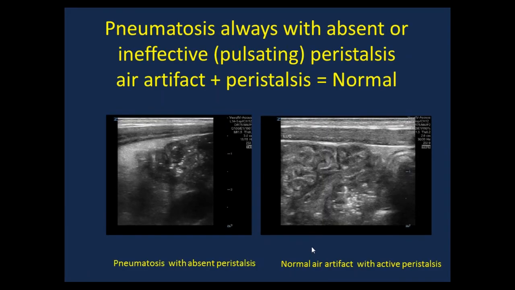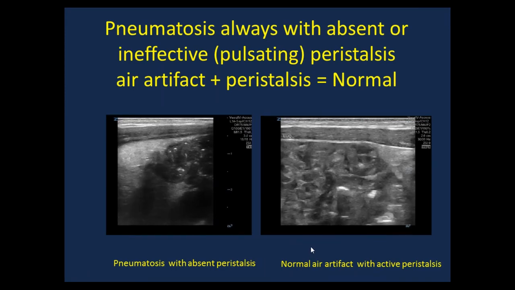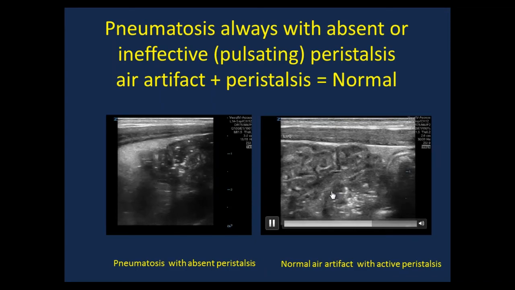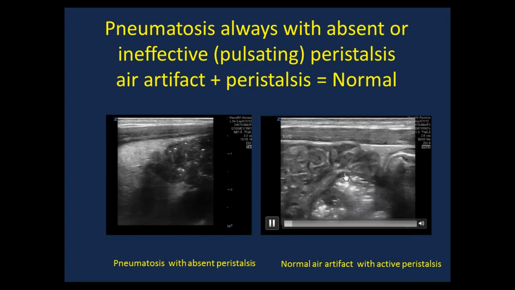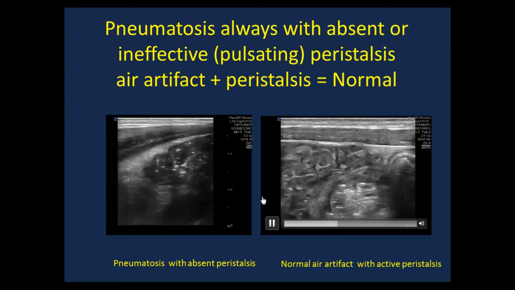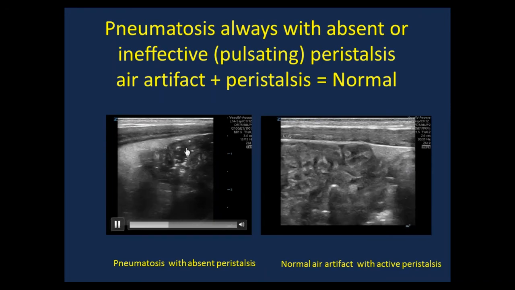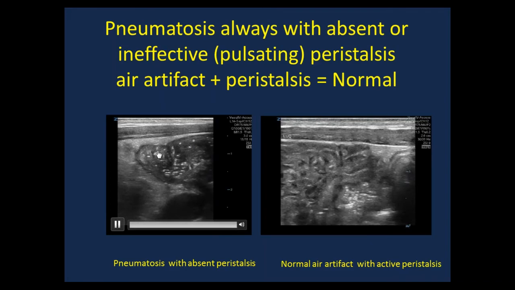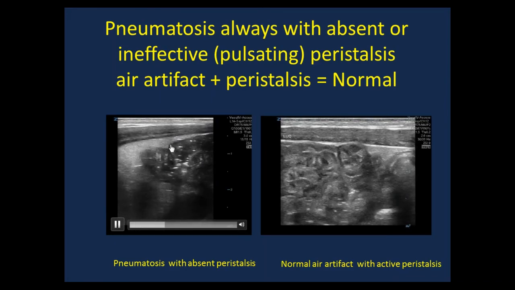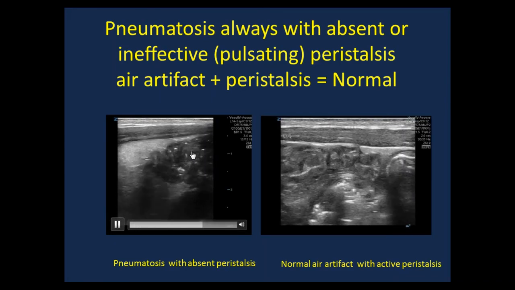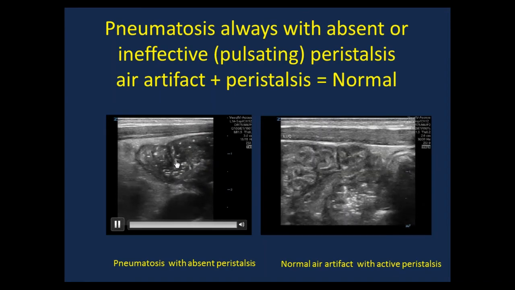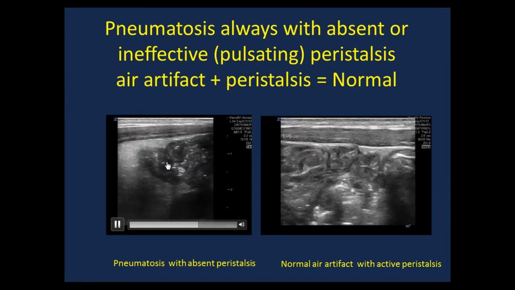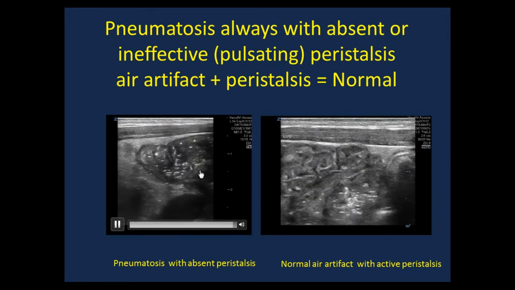Pneumatosis intestinalis can be confused with air artifacts in the intestine. In the video clips we can differentiate that by active peristalsis. On the left-hand side there is an area of pneumatosis with no active peristalsis, and the movement is actually my hand. I'm trying to push the air away from the intestine to see if these foci are pneumatosis intestinalis or artifacts.